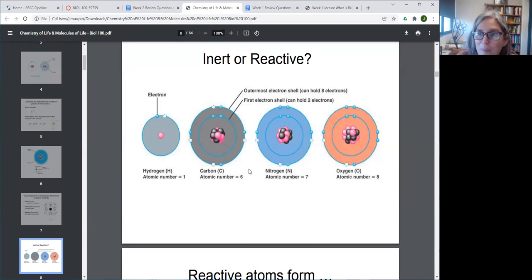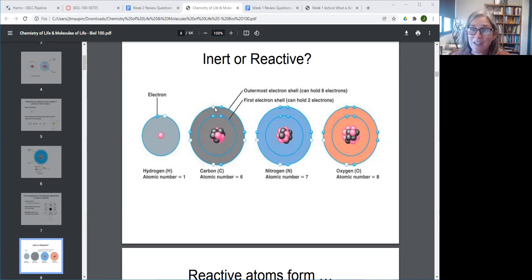So how many electrons does carbon need in order to fill up that outermost shell? So for carbon, how many does it need? It needs 4 more. Good. Yeah, it's going to need 4.